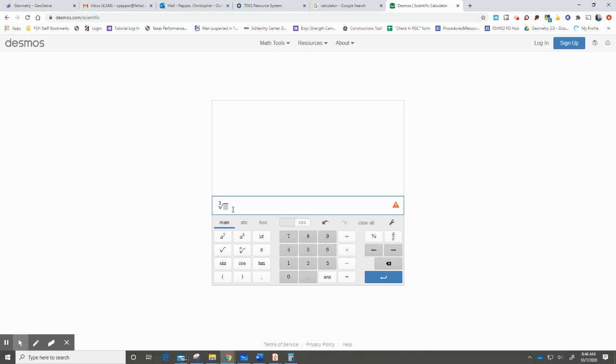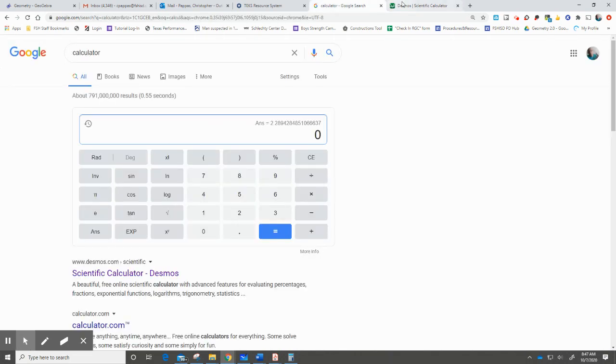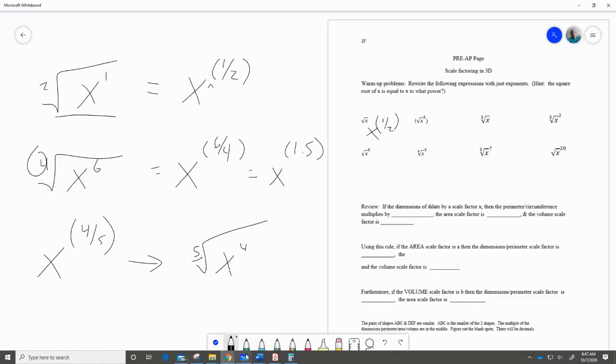So a cube root of 12, and again, it would give us the same answer that we had, 2.289, on the Google calculator right there. But this is just a way to rewrite roots as exponents and be able to plug them into our calculator. So you can try these 8 example problems right here.